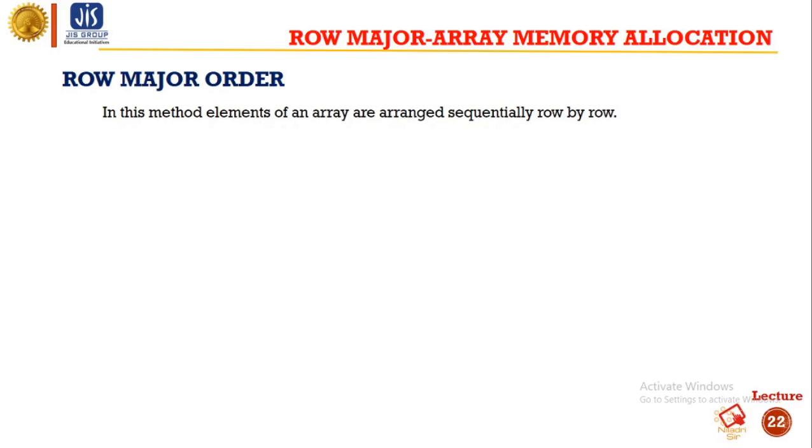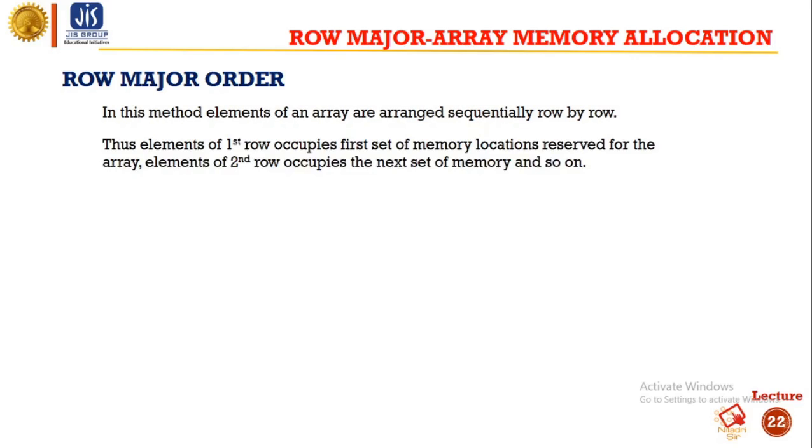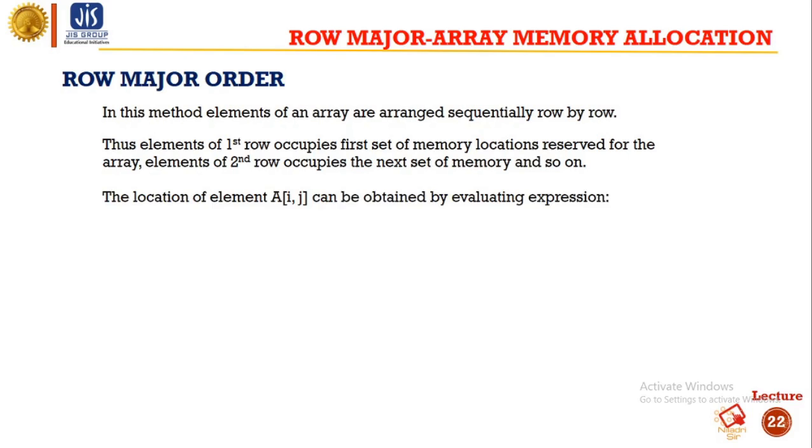The elements of the first row occupy the first set of memory locations reserved for the array, and the elements of the second row occupy the next set of memory, and so on.